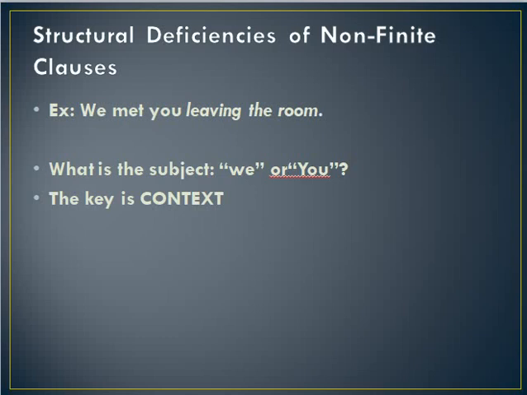If we know the context, who was leaving, whether the subject we or the object you, then we can easily figure out the subject of the non-finite clause. But imagine that we do not know the context.